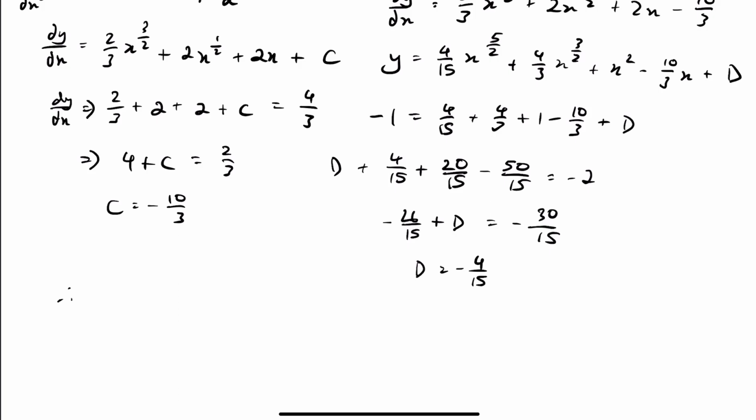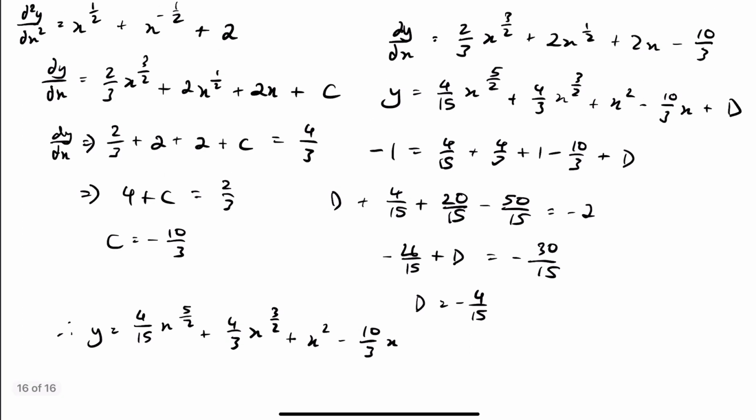Therefore, the original curve is y is equal to 4 over 15 x to the power of 5 over 2 plus 4 over 3 x to the power of 3 over 2 plus x squared minus 10 over 3 x minus 4 over 15, sorry. And that should be your final answer.